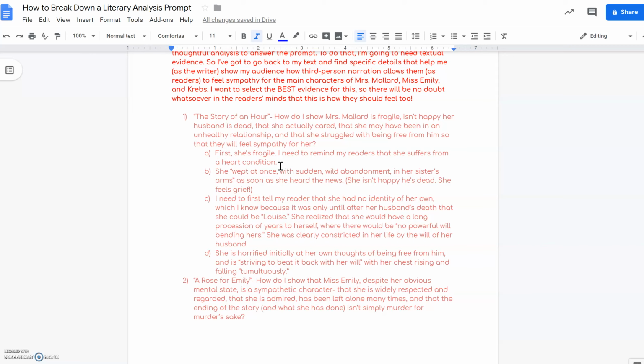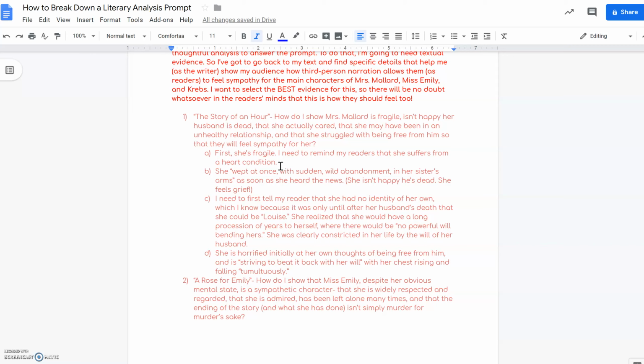She was clearly constricted in her life by the will of her husband. Now, that doesn't mean he was abusive. As a matter of fact, the story tells us that he never looked on her save with love. He never looked at her in a hateful way. He loved her. However, she had no identity of her own under him.